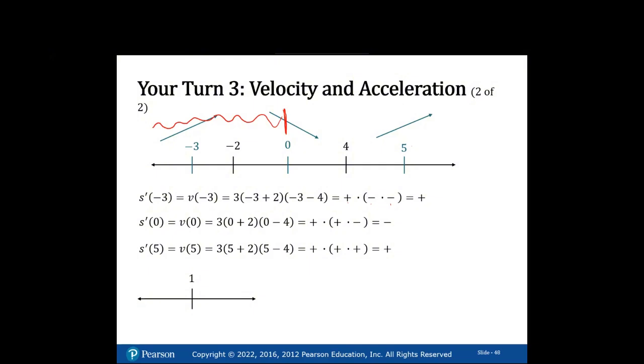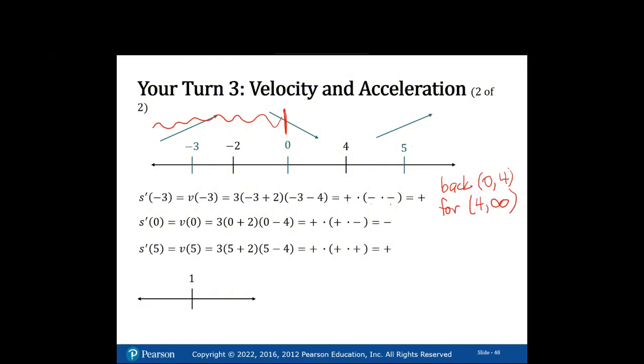So that's the first answer to our question. We're going backwards from 0 to 4. And then we're going forwards from 4 on to infinity. So first question answered. Awesome.